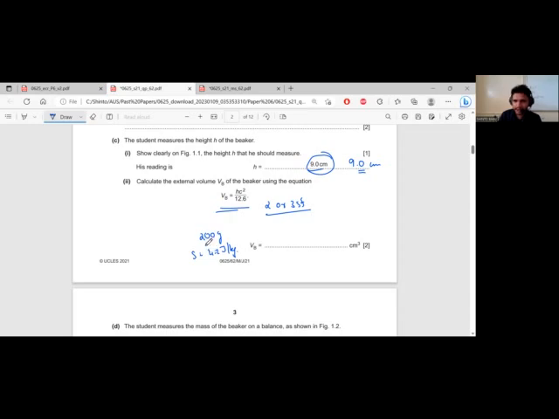So here the number of significant figures in this mass is not 1, it is actually 3. Why? Because when you convert into kilogram, it will be 0.200. This is a measured value, not an approximated value. So all these numbers are significant. 0.200 kilogram. So it has three significant figures.